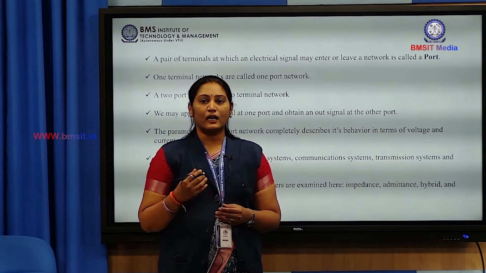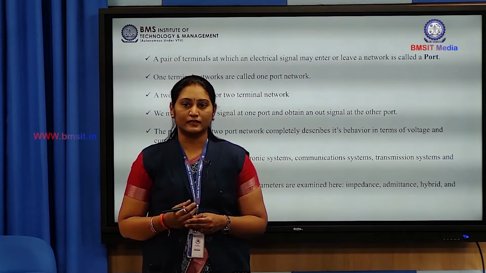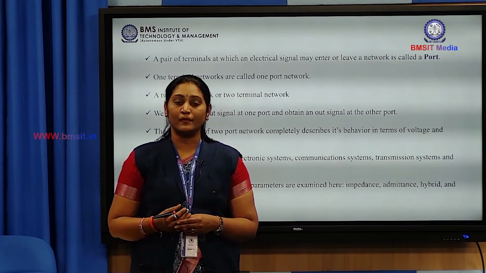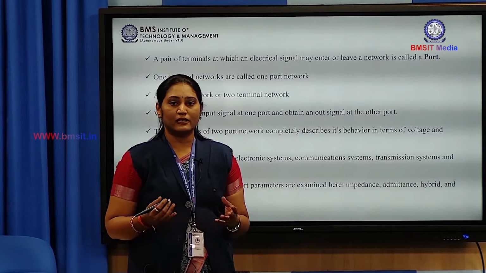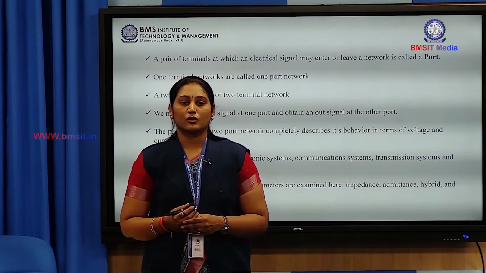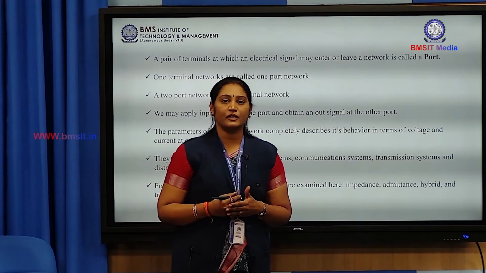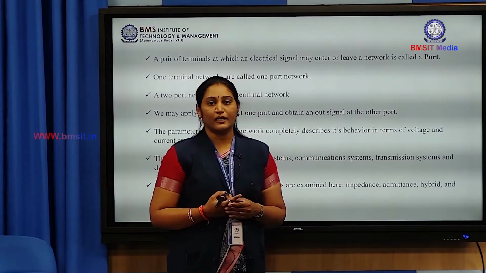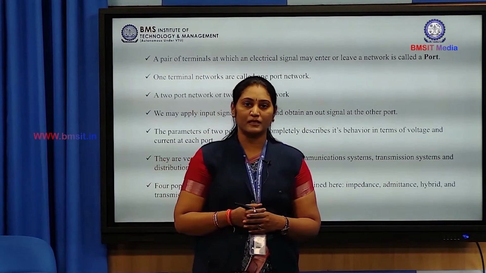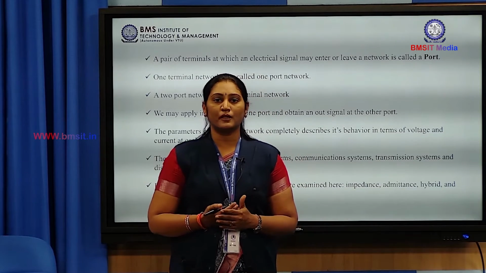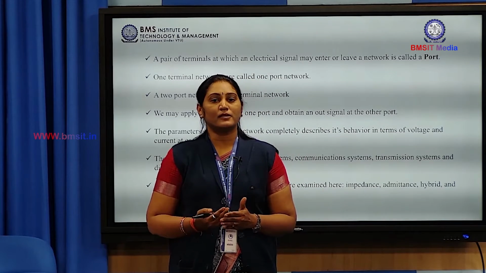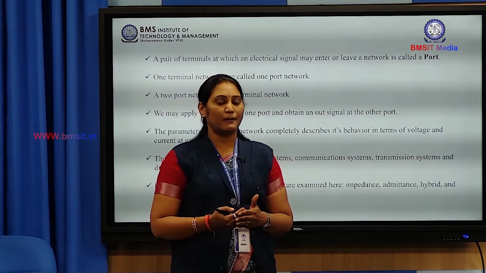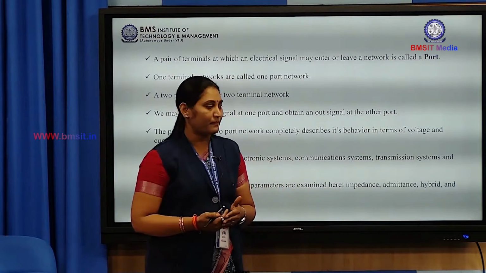They are very common in electronic systems such as communication systems, transmission systems and distribution systems. To describe the behavior of the two-port network, we have a total of 6 parameters. Out of these, the very important ones are impedance parameter, admittance parameter, hybrid parameter and transmission parameter.